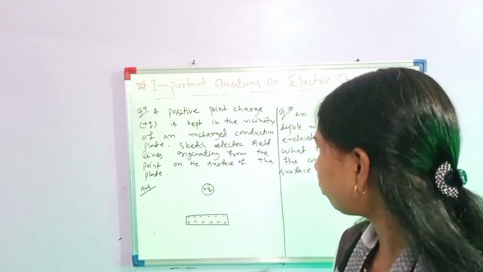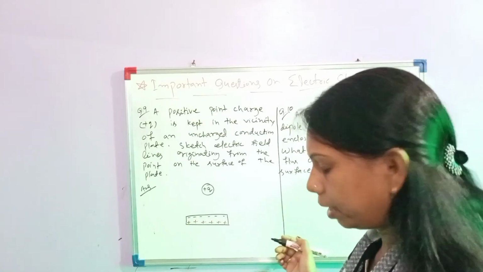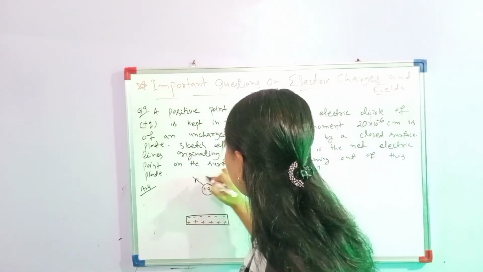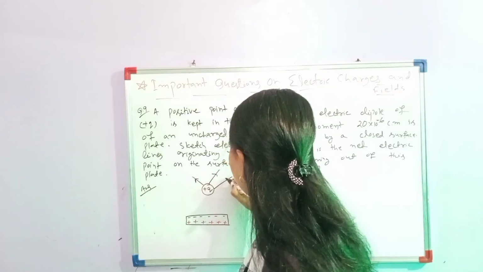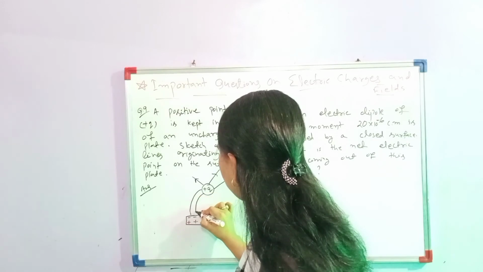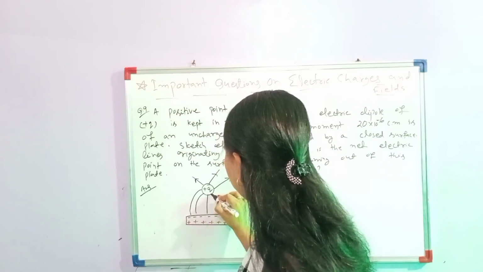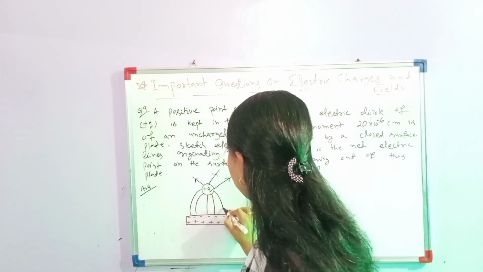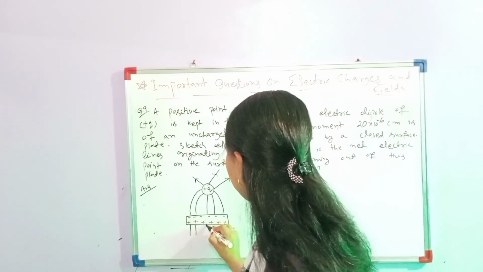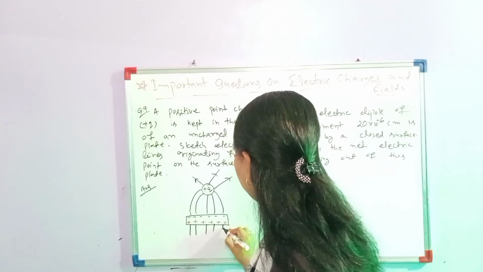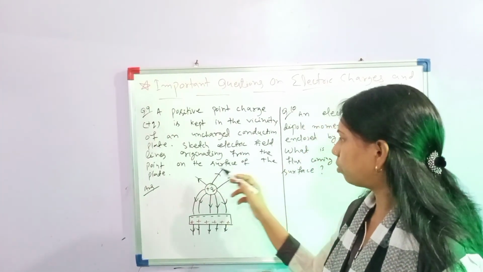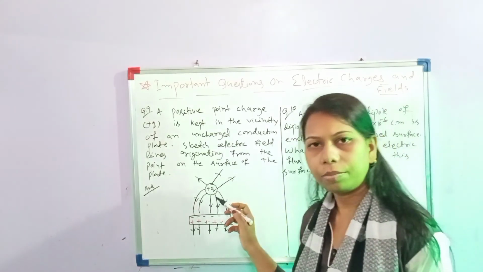So electric field lines will be like this. These are the electric lines of force originating from the point on the surface of the plate.